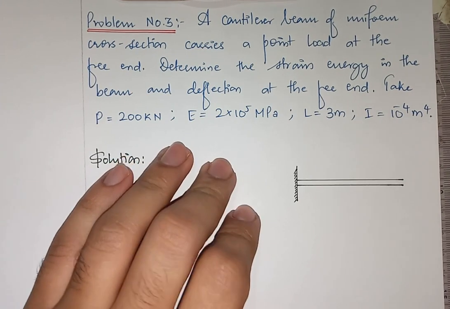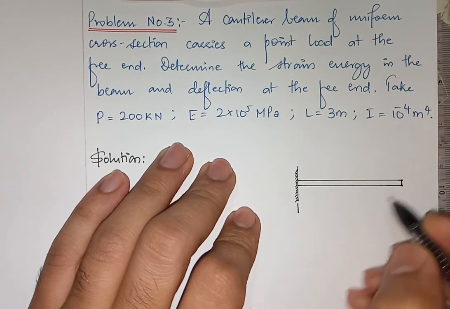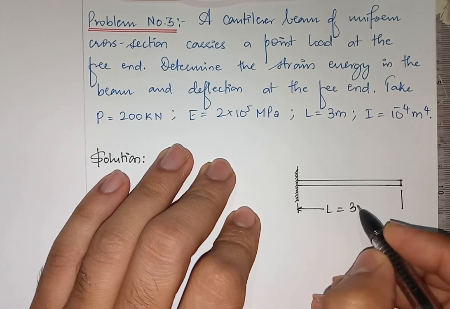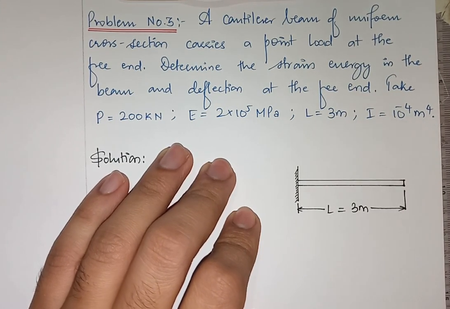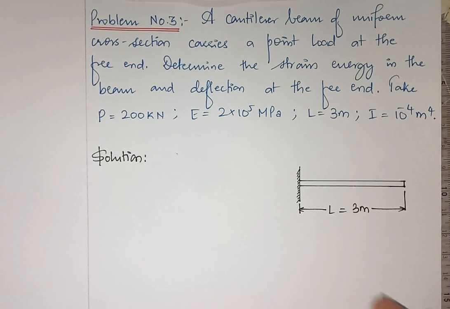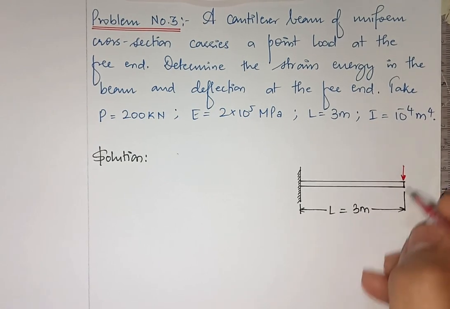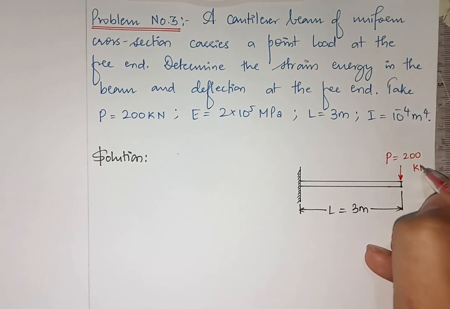So this cantilever beam, total length is given as 3 meters. So L is equal to 3 meters. At the free end, it is subjected to a load of 200 kilonewton. So here P is equal to 200 kilonewton.